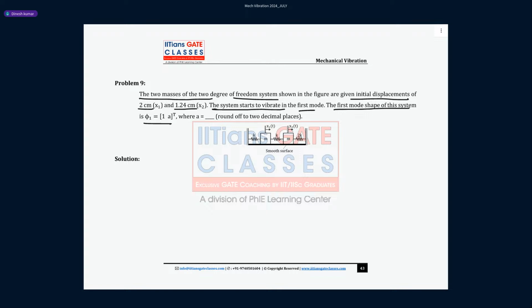Those who are not known to 2 degree of freedom system, I'll write everything. So we know for a 2 degree of freedom system with initial velocity 0, or if your system starts from rest, x1 is equal to x1 for first mode cos of omega 1t plus x1 for second mode cos of omega 2t.